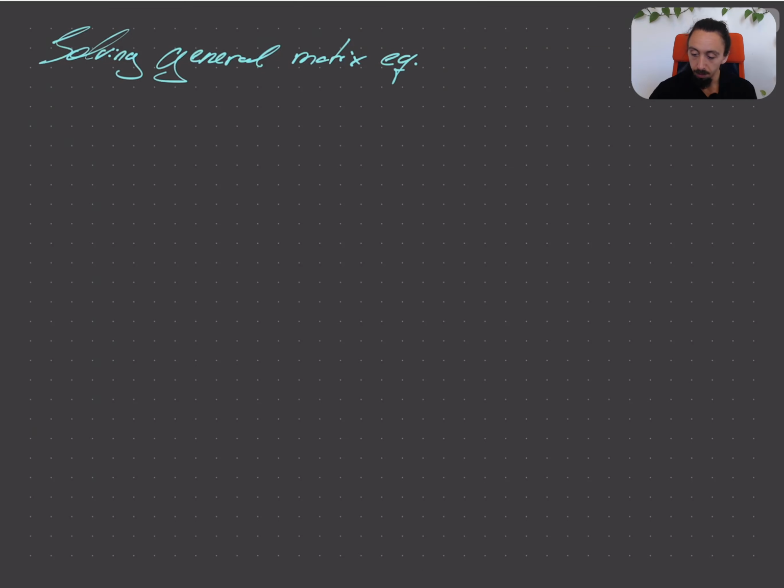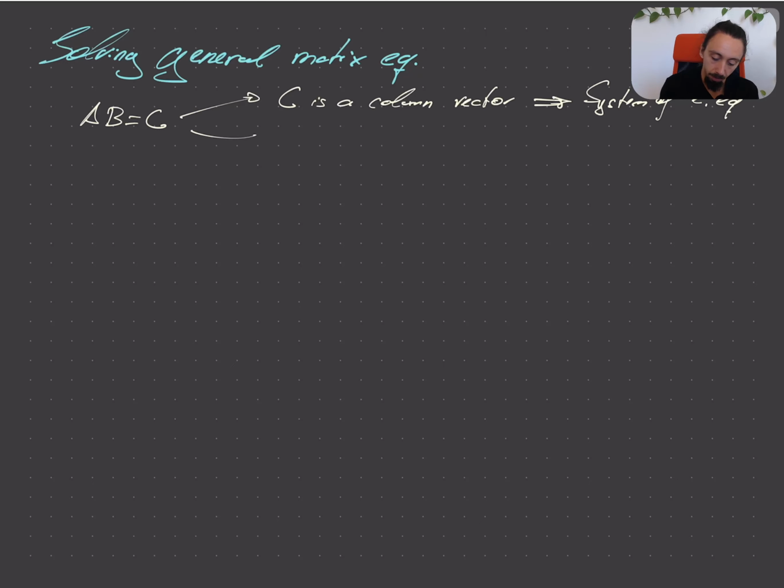So in all the cases that we have seen, we are solving an equation in the following form: AB equals C. And now it depends. If C is a column vector, then we are dealing with a system of linear equations.